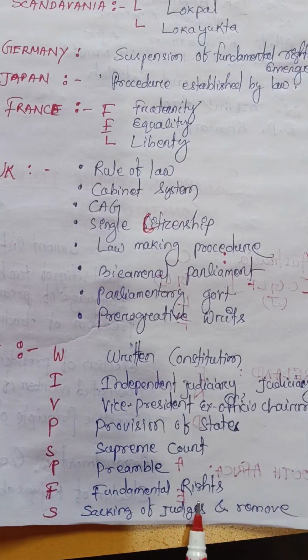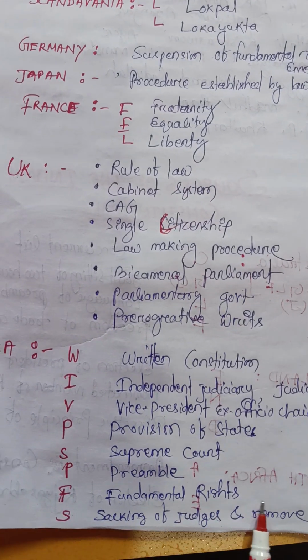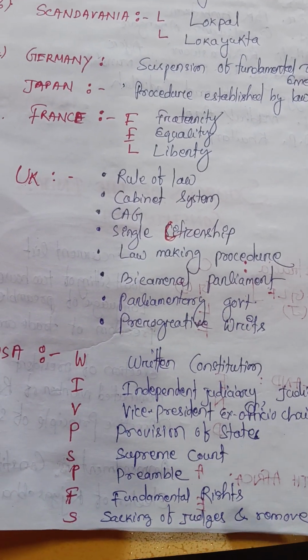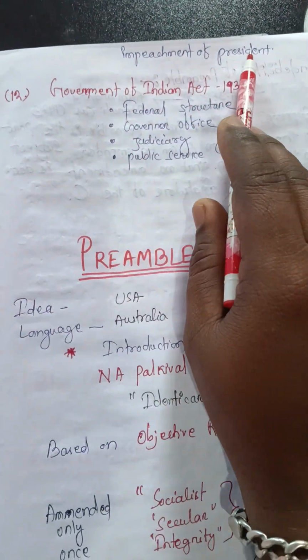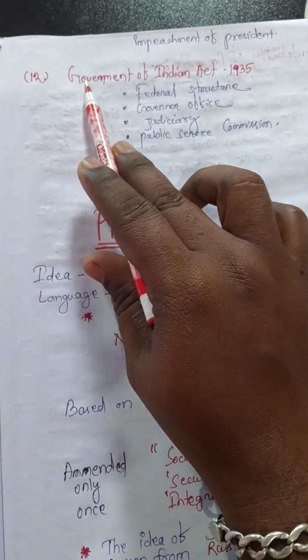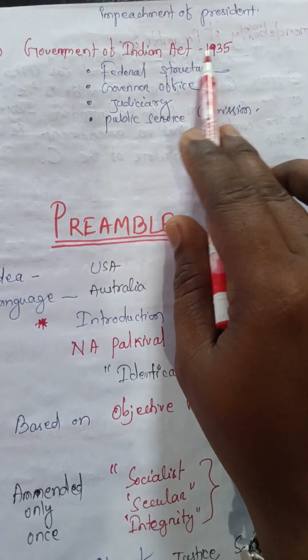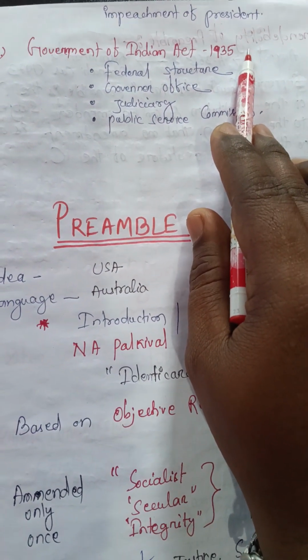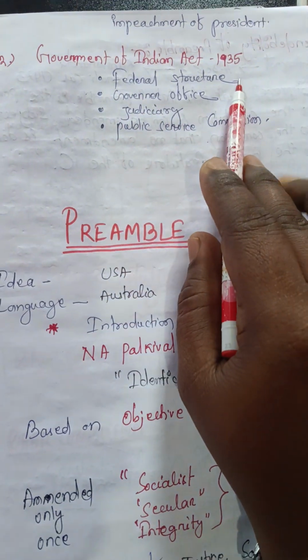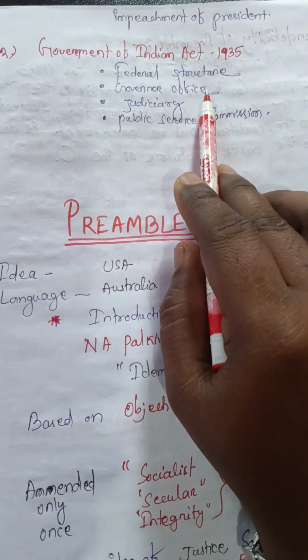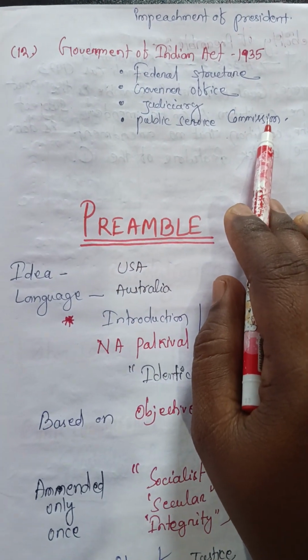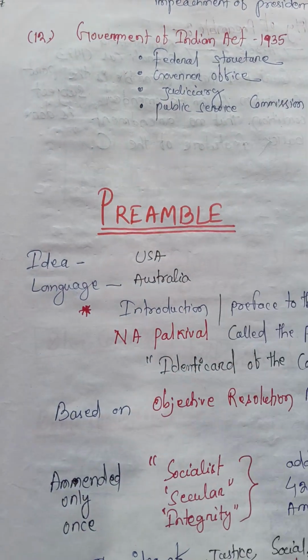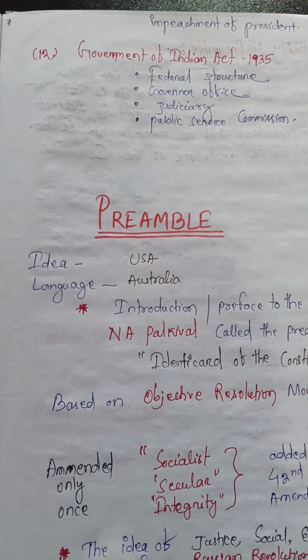It means impeachment of judges, and the last one is also impeachment of the president. From the Government of India Act 1935, we also borrowed the federal structure, governor's office, judiciary, and public service commission. Okay, till today that is all.